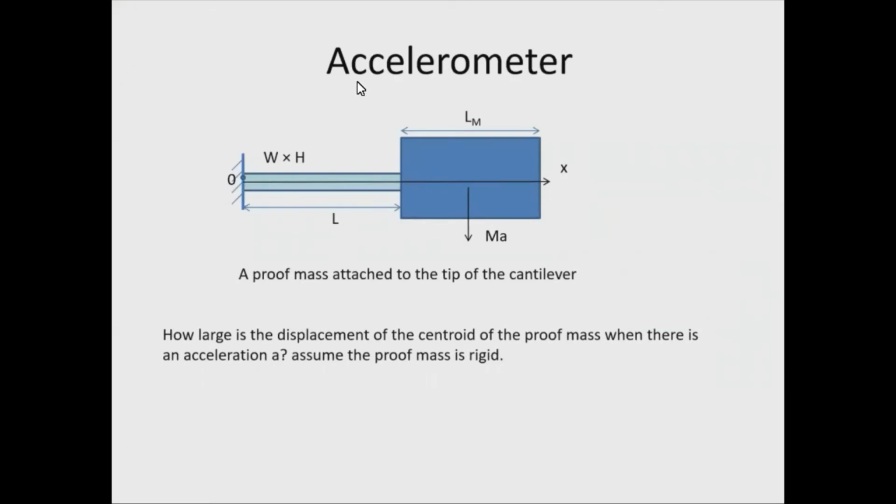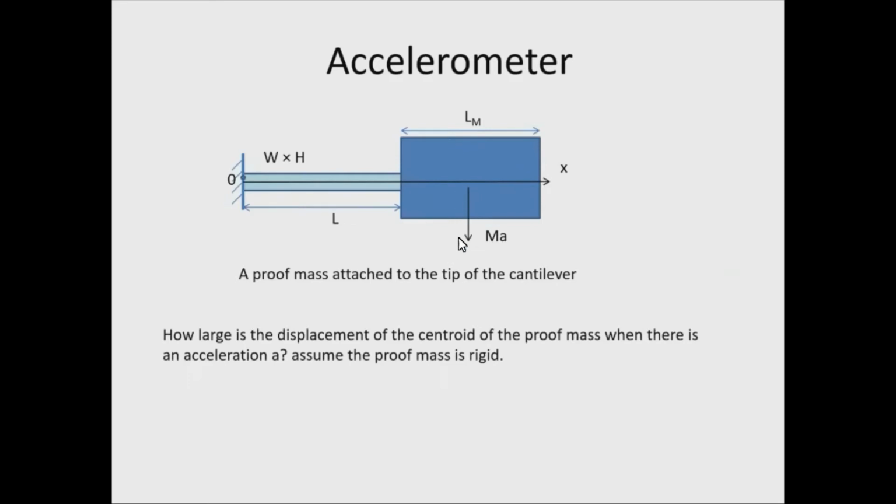Another example is the accelerometer. To function as an accelerometer, a proof mass is attached to the tip of the cantilever. Then when there is an acceleration, for example in the downward direction, the proof mass will experience an inertial force.